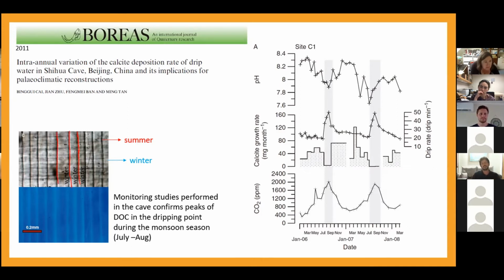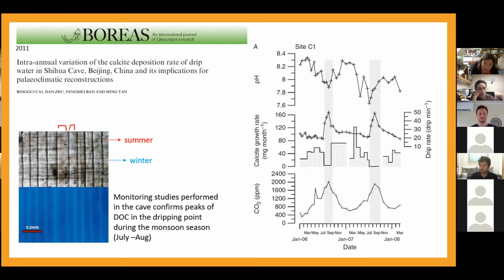So organic lamination is not a right name, but it's an example of lamination caused by concentration of organic material that is usually well observed under ultraviolet light, and we see again thick layers during the winter, when KpCO2 is again lower.